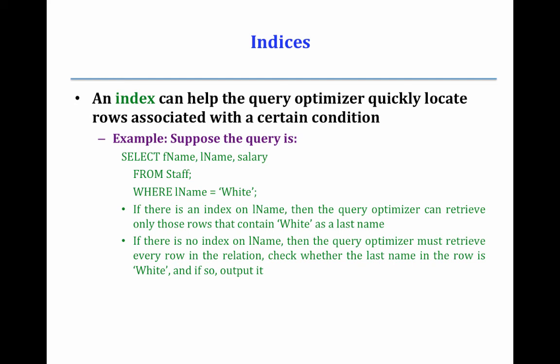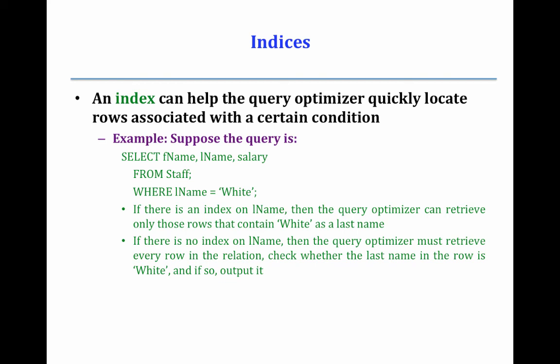Okay, third reason is you could overwhelm the query optimizer. The query optimizer, you give it too many options for optimizing a query, and now it's going to think for a long, long time about the best way to do it, because it's going to keep trying different indices or different combinations of indices. It makes estimates of how many tuples it will have to retrieve using every combination of indices.